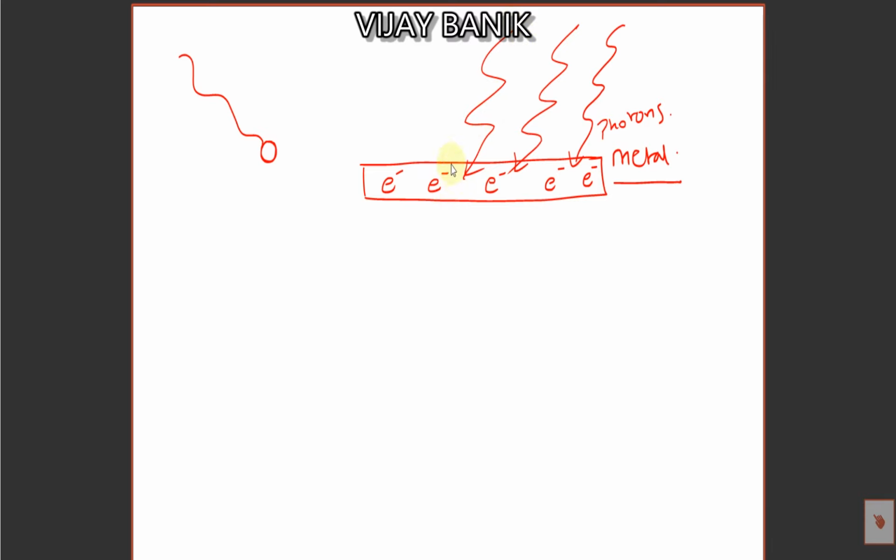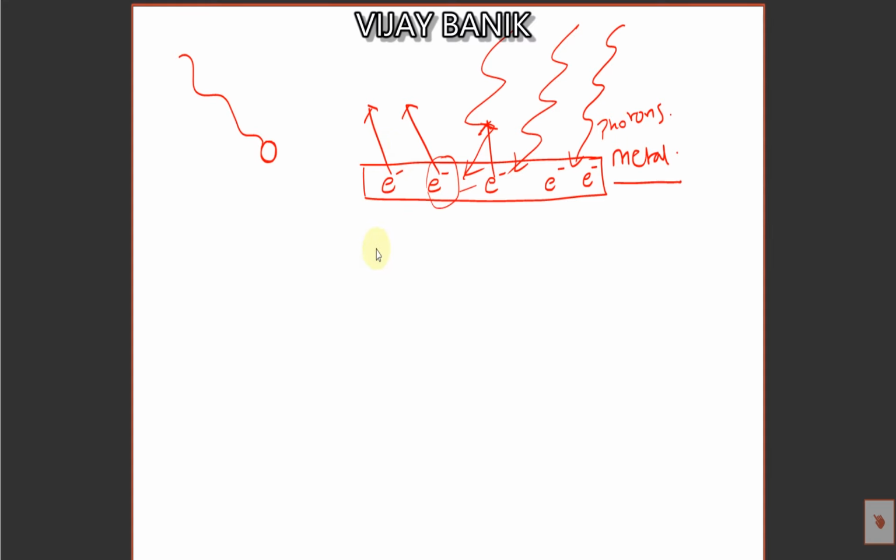Photons supply energy to the electrons, and when these electrons get sufficient energy, they can get ejected from the metal. If they don't get sufficient energy, they stay over there. But if they get sufficient energy, they get ejected.